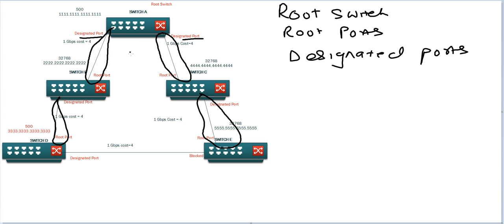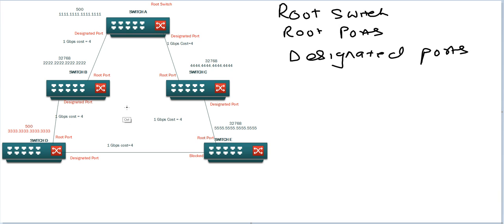Now, each segment should have one designated port, no matter if a root port already exists on that segment. The network segment between switch B and D, as well as the segment between switch C and E, both will require a designated port.